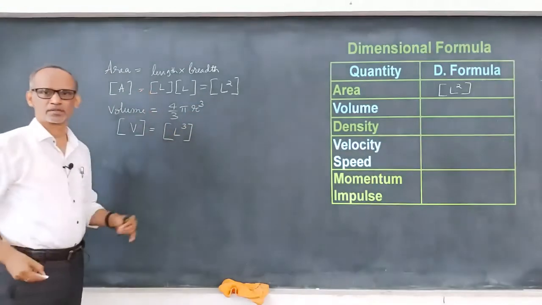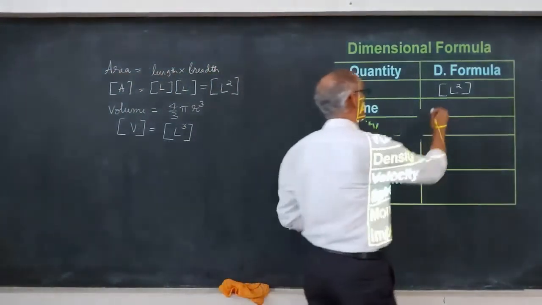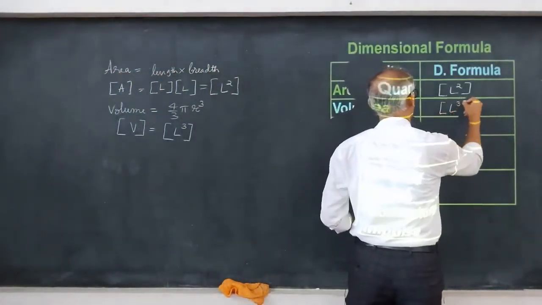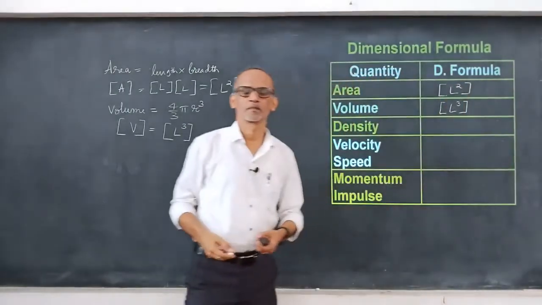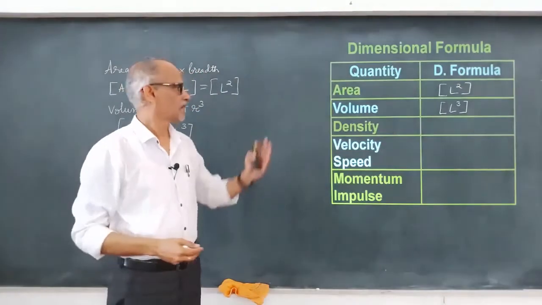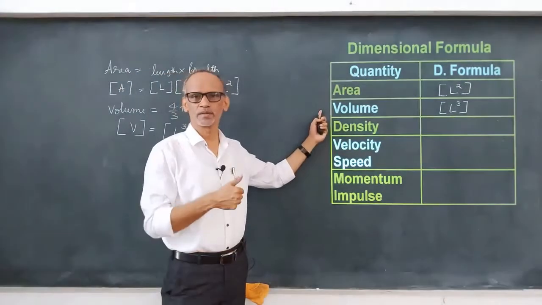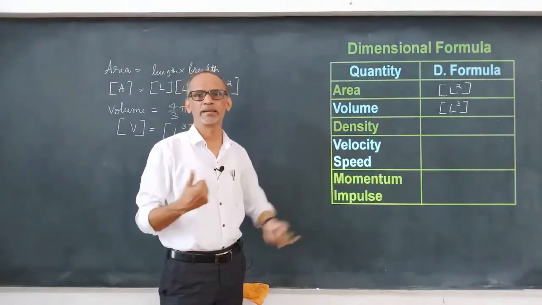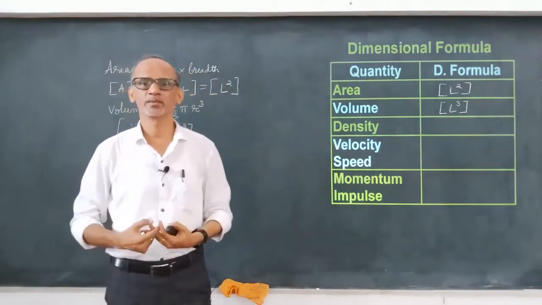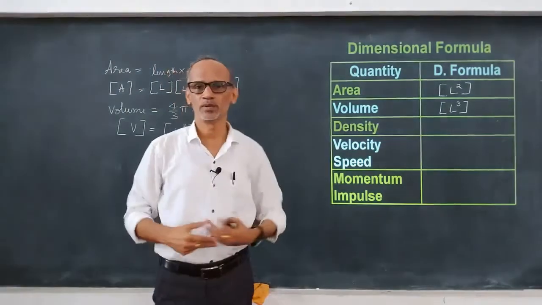Cube. So L cube is the dimensional formula of the volume. Is that clear? Again you can see volume depends only on the length. L in meter, cube of it. So meter cube is the unit of the volume.